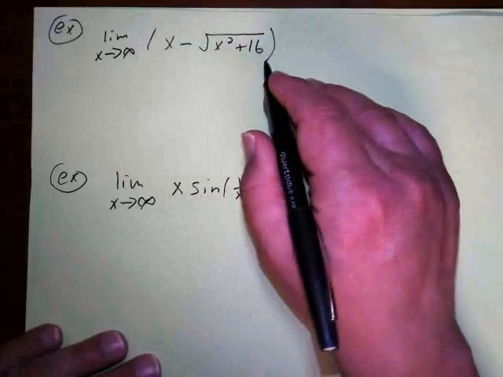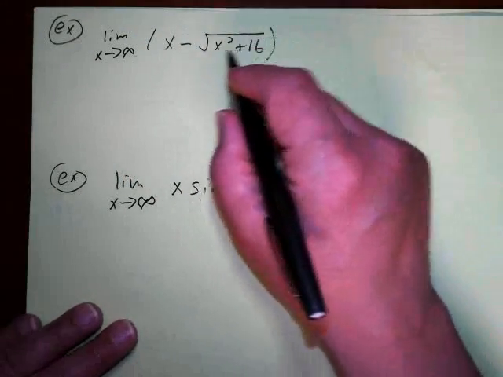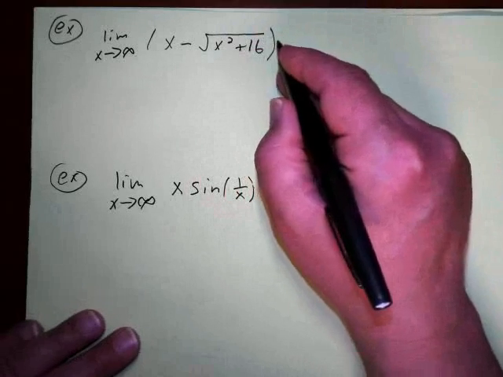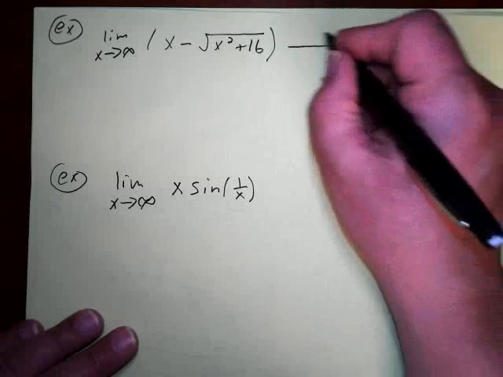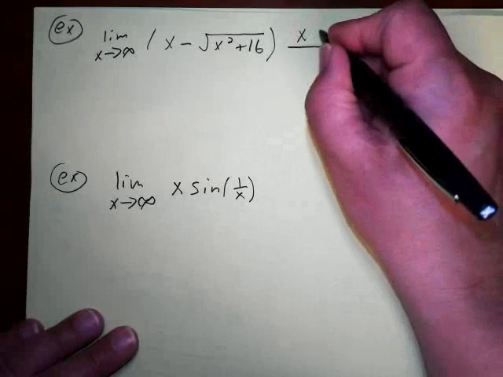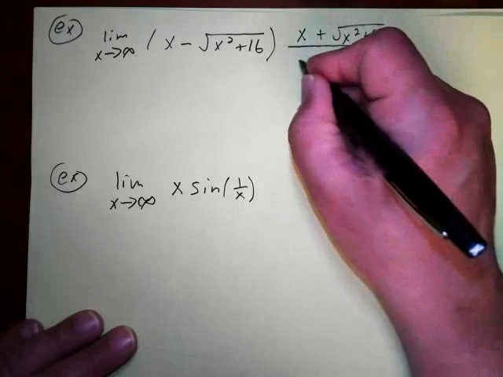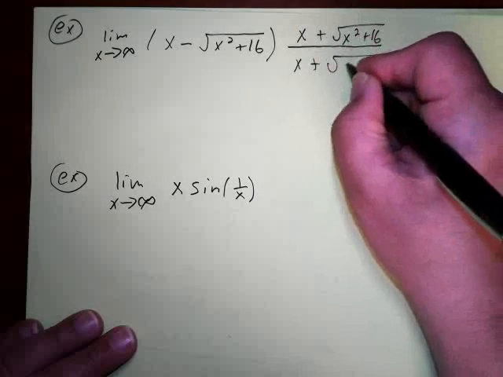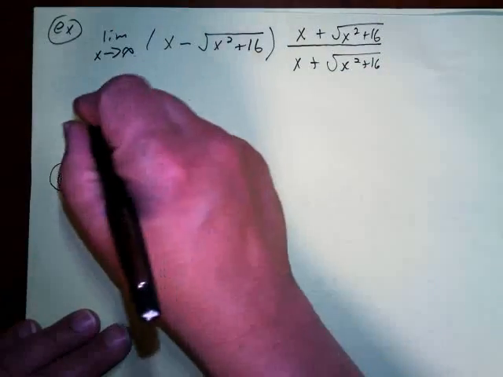So if I want to take this limit here, I got to figure something out. What we're going to do is use that conjugate rule that we learned for the difference quotients. So I'm going to take x plus the square root of x squared plus 16, over x plus the square root of x squared plus 16. I'm going to multiply the top and bottom by that.